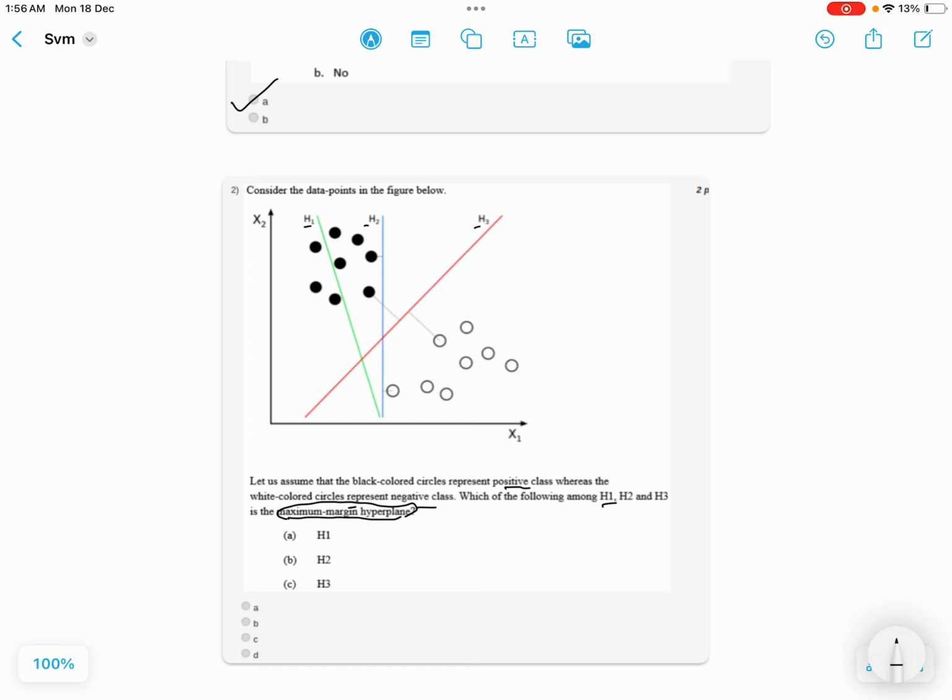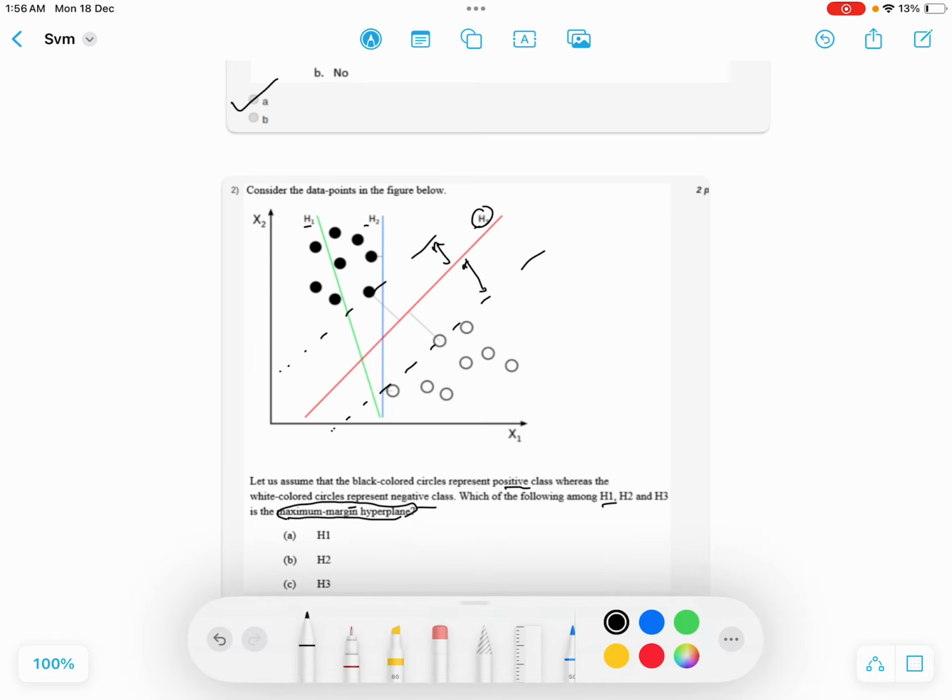So a plane should have the margin that should be maximum in separating these two classes, right? The overall point is that this street should have the maximum width on both sides, right? So this is h3, right?